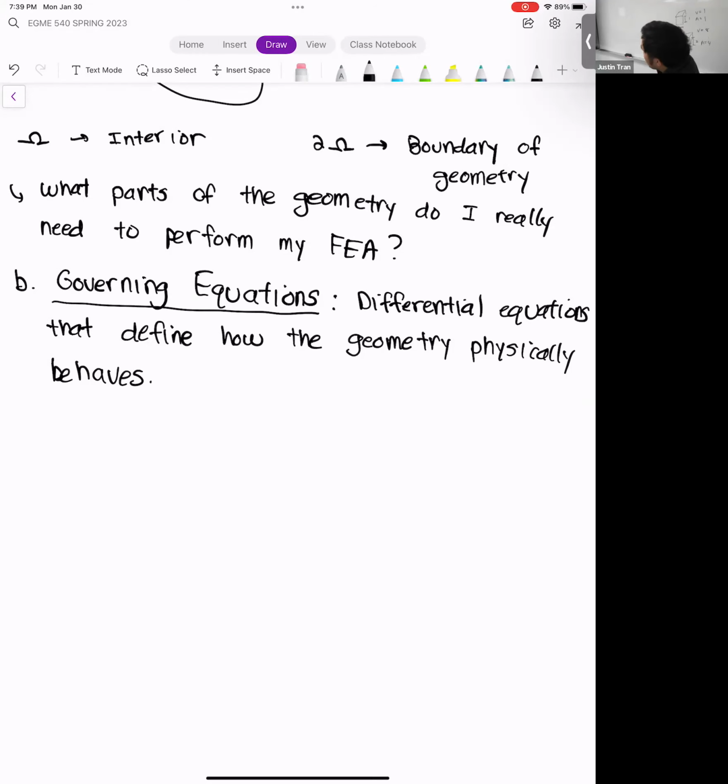So if you're interested in the structural response, you have to solve the structural equations. If you're interested in the thermal behavior, you solve thermal equations. If you're interested in fluid behavior, you solve the fluid equations.